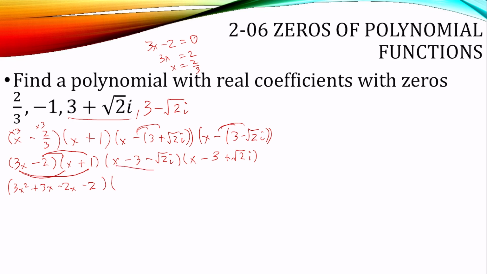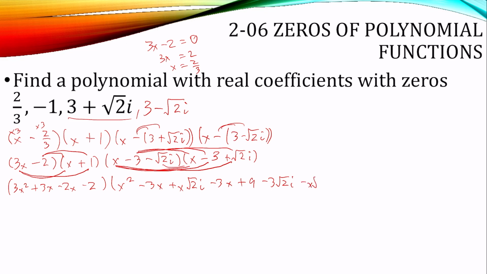Let's do the second group. X times x, x times negative 3, x times square root of 2i. Negative 3 times x, negative 3 times negative 3, and negative 3 times the square root of 2i.